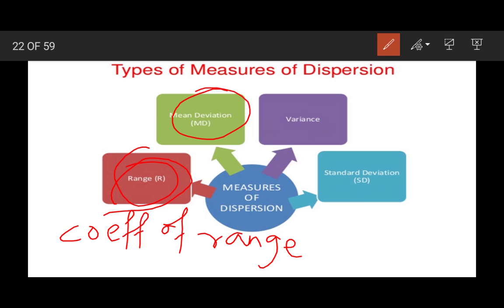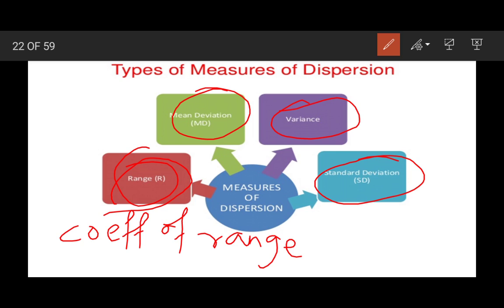In your syllabus you are only finding the mean deviation, no relative measure for mean deviation, only the absolute measure. Then next is variance. The next measure of dispersion is variance, and on the basis of variance we are finding the next one, standard deviation.